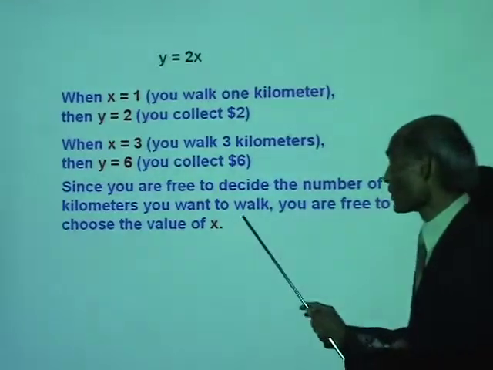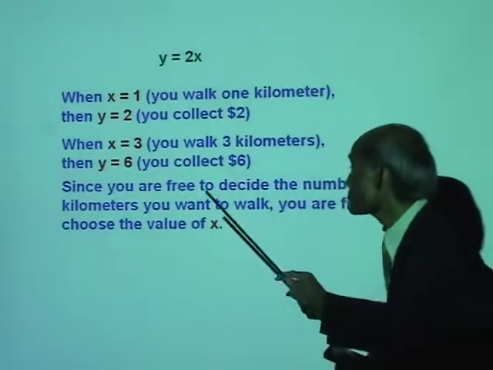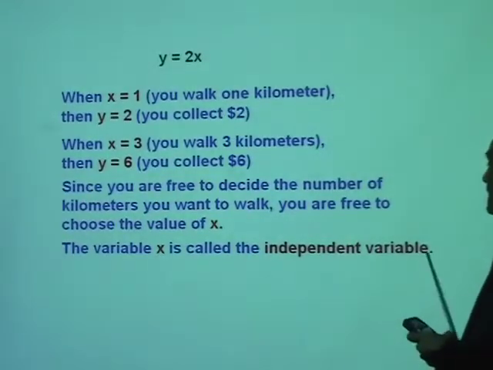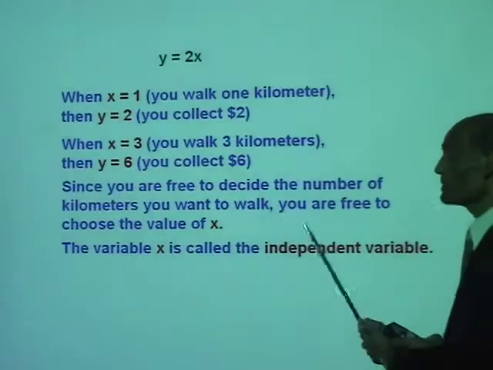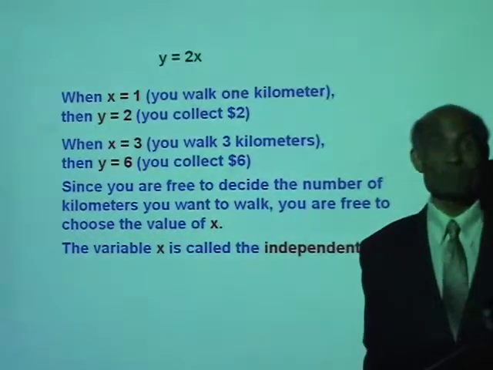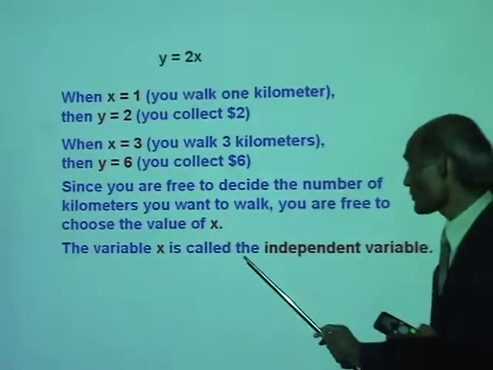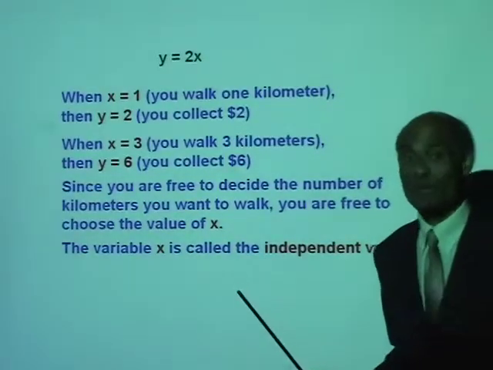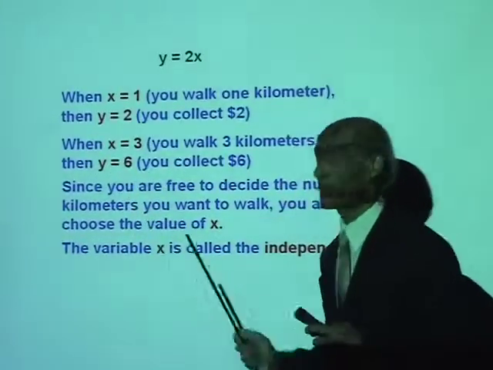And therefore, this x, where you are free to choose that value, we call the independent variable. Now, why is it called the independent variable? Nobody will come and force you to choose a value of x. You can choose a value of x. So, x is called the independent variable. Then, could you tell me, what will we call y?